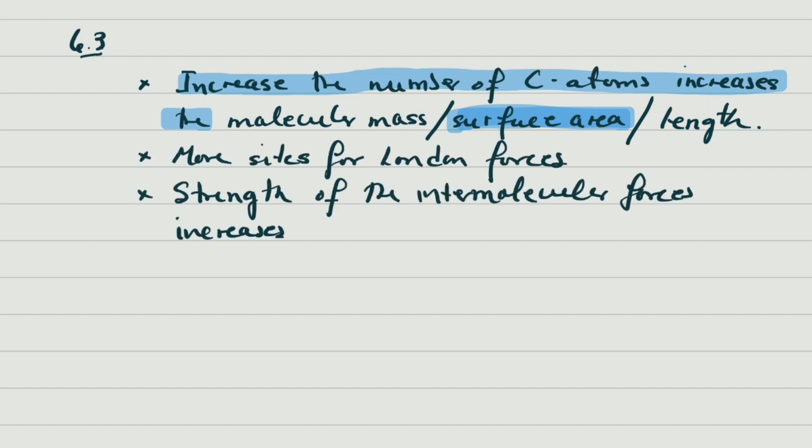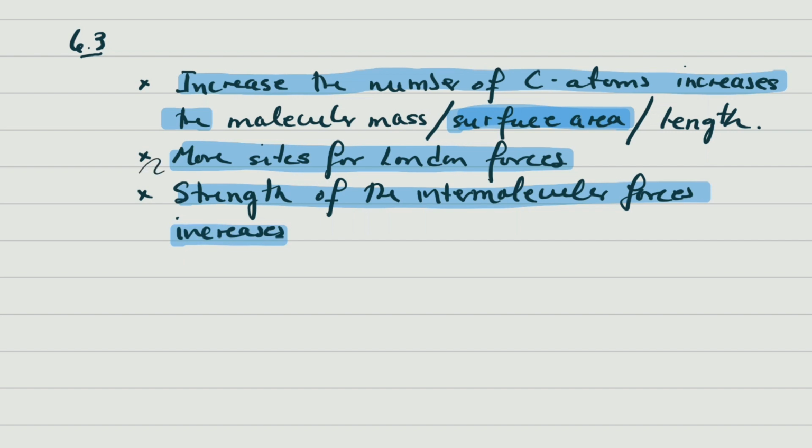The second important thing is to say that because the surface area increases, there are more sites for London forces to form, and therefore the strength of the intermolecular forces increases. These two are interrelated here. You have more sites of London forces, and therefore the strength of the intermolecular forces will increase.